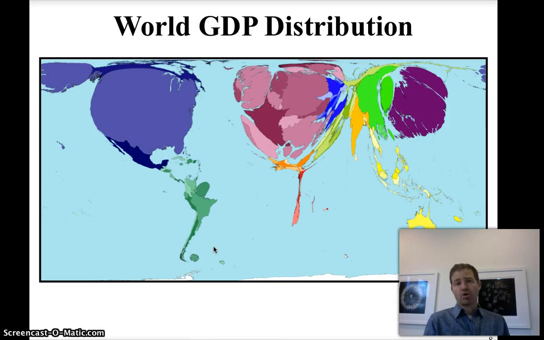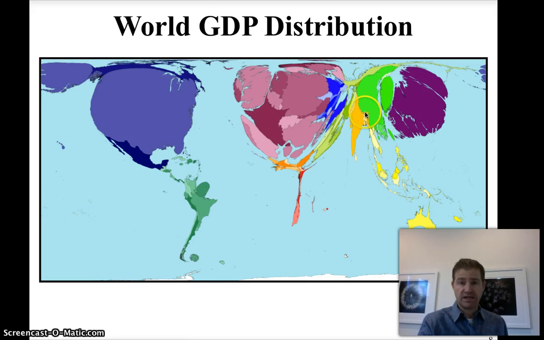So if you looked at world GDP distribution, you would see that some countries are incredibly bloated, like the United States, and parts of Europe, and others are incredibly small. Like, look how small South America, even as a continent, is.